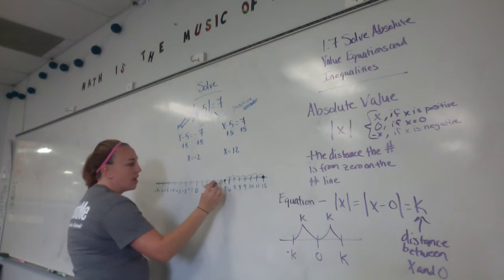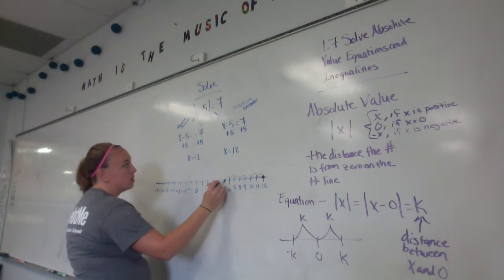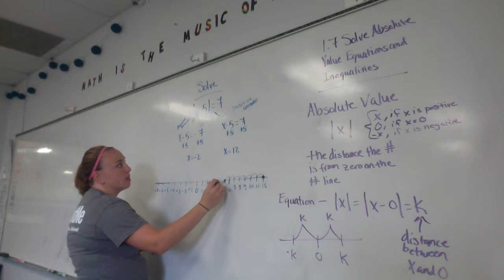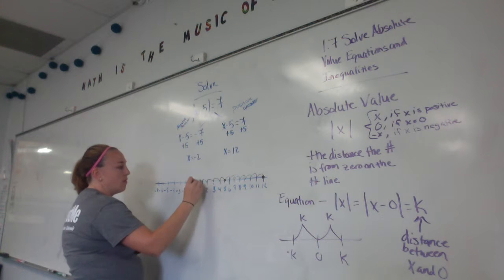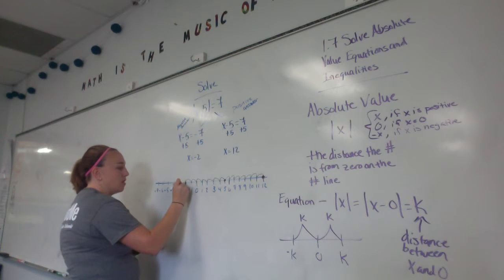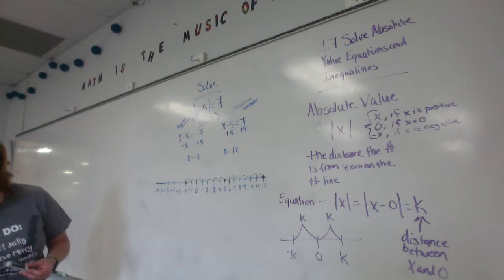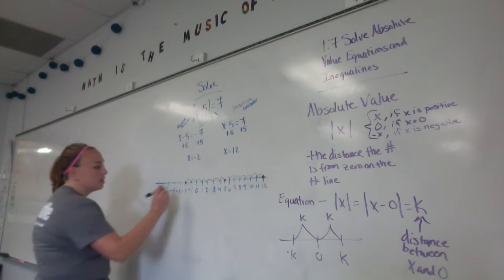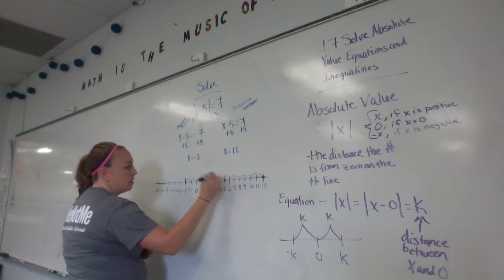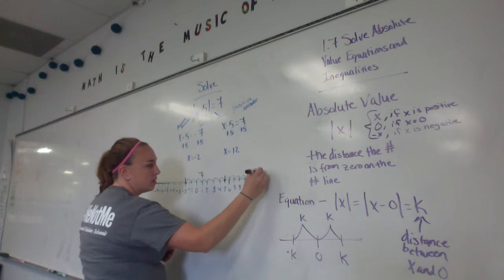And -2 is also 7 units away from 5. 1, 2, 3, 4, 5, 6, 7. So I just found what the distance from 5 was. This distance is 7 units, and so is this distance.